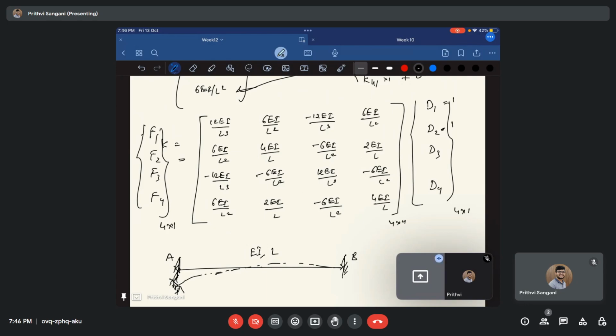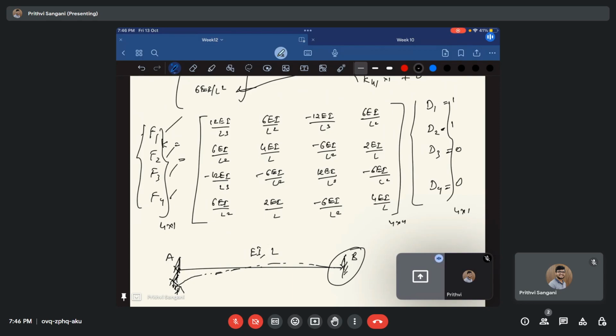You want to find F1, F2, F3, F4. You know D1, D2. Do you know D3 and D4? Absolutely yes, because there is no downward displacement at joint B, and there is no rotation at joint B. That means D3 is 0 and D4 is 0. Just plug in these values, and you can directly find F1, F2, F3, F4.